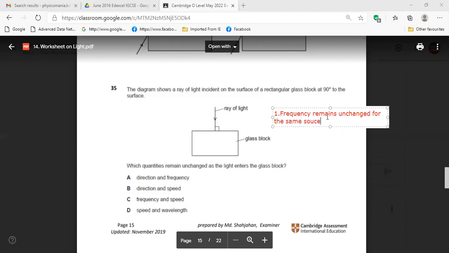Okay. So this is the first rule about frequency. And the second rule, the second one I'm writing here, is direction. This one we did with you.